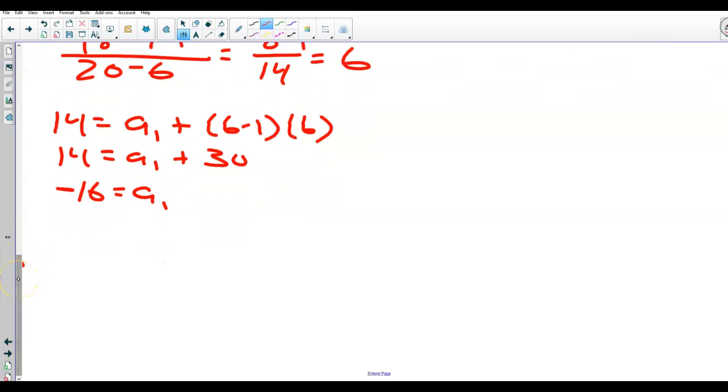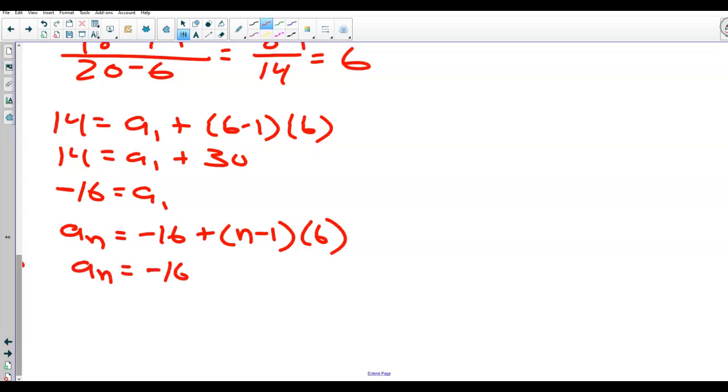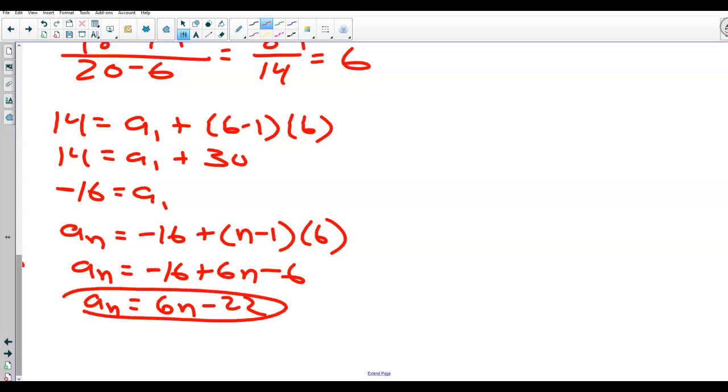So now I got to go to the rule. I have an a1 of negative 16 and a d of 6. So negative 16 plus (n minus 1) times 6. a_n equals negative 16 plus 6n minus 6. a_n equals 6n minus 22. That's the rule. That's an answer.